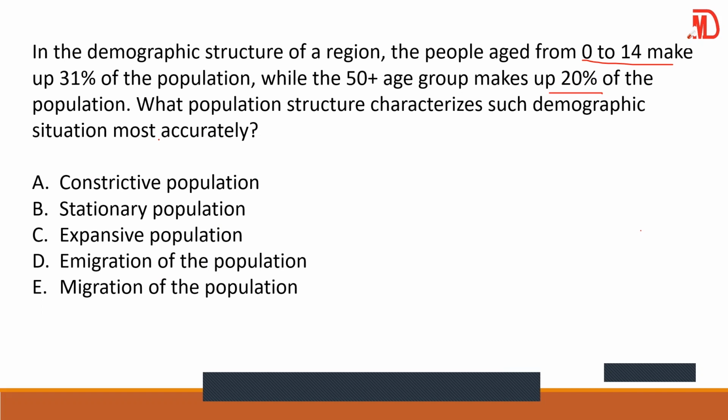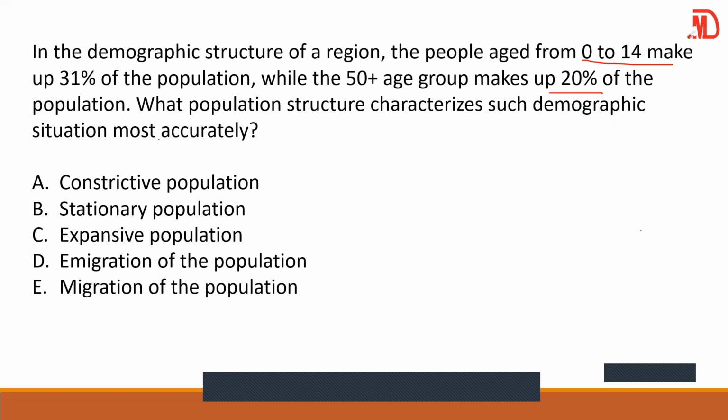Over here, we are looking at an expansive population, which shows a larger number or percentage of the population in the younger age groups. So when the percentage is more towards the younger people, we have an expansive population group or an expansive population pyramid.